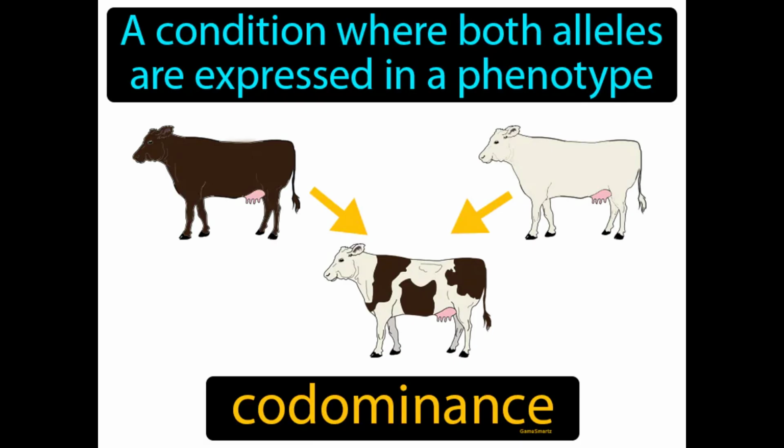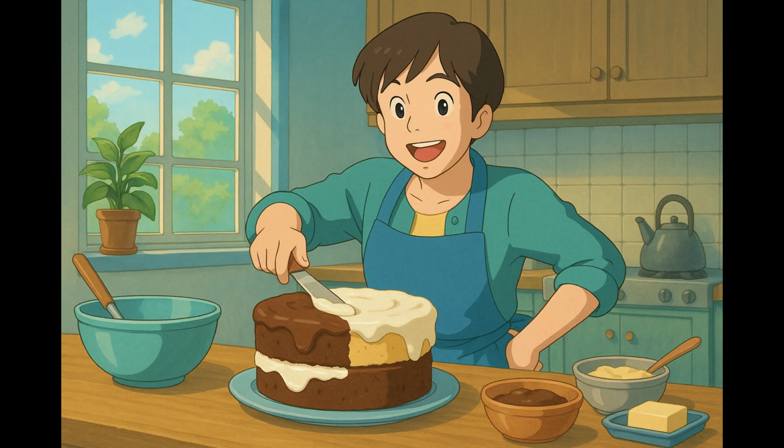A condition where both alleles are expressed in a phenotype. Codominance. In codominance, both inherited genes are equally expressed, like in blood type AB, where both A and B proteins show up. Imagine you're trying to choose a flavor for a cake, and you can't decide between chocolate and vanilla, so you decide to use both.